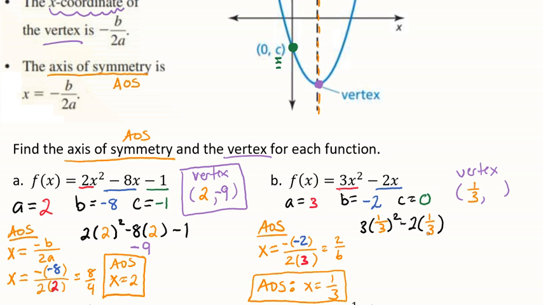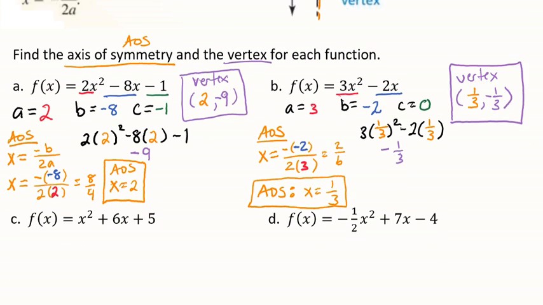So when we take this and plug it into our calculator, that's going to give us a value of negative 1/3. So we'll plug that in, negative 1/3. And now we've found our vertex.